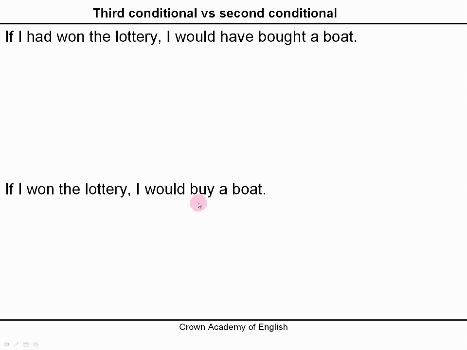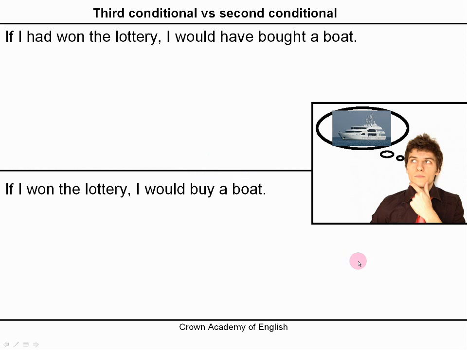So the sentences look similar, and in fact they both involve the person imagining buying a boat. But there is quite a big difference between both of these sentences. So what is the difference?